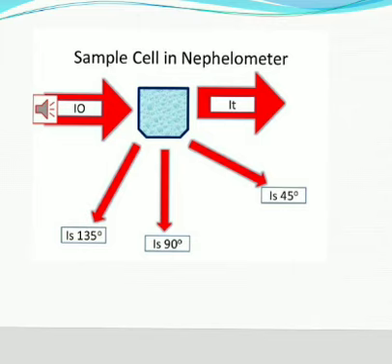So in nephelometry we use measurement at 90 degrees, because at 90 degrees it has the maximum intensity. Due to this reason, most nephelometry instruments involve measurement at 90 degrees.